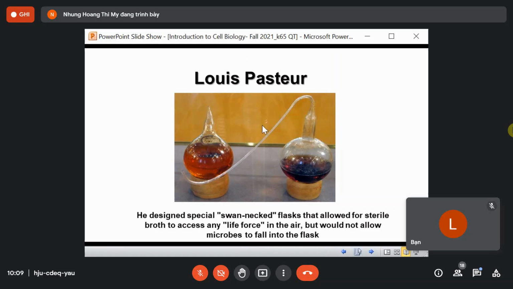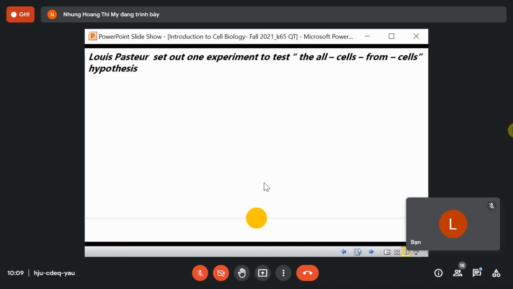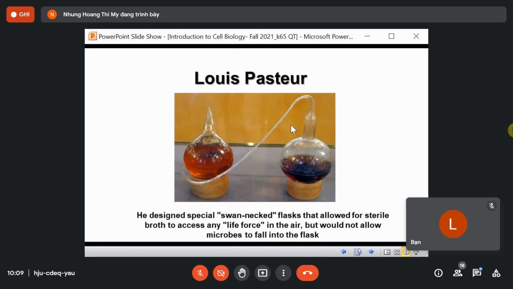And you see here, instead of a straight neck as normal, he made the neck like a swan's neck, not straight as you see here. They make a curve in the neck of the flask.